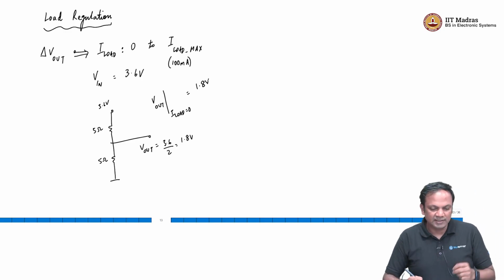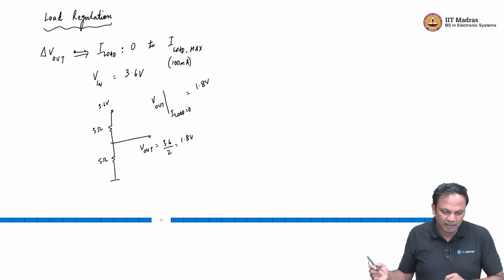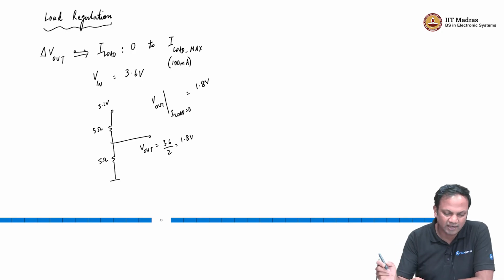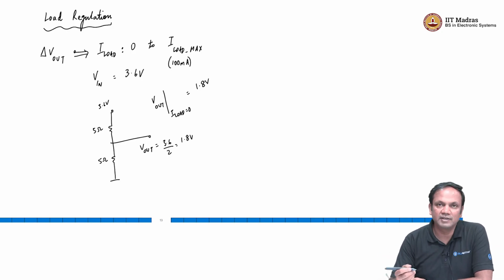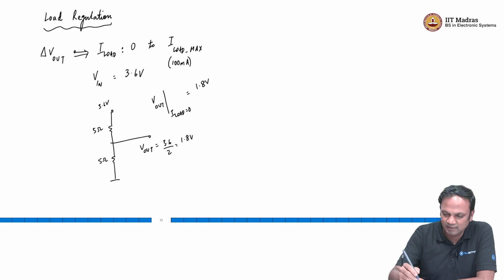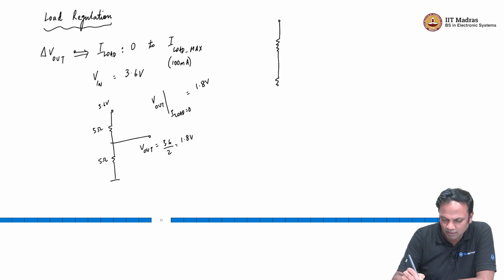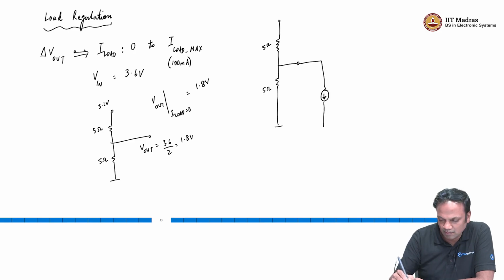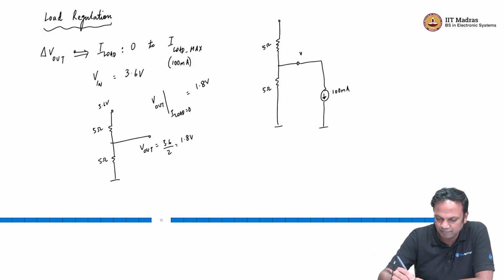That takes care of the first data point. The next thing we need to do is calculate V out when I load equal to I load max. So, we have again the same two 5 ohm resistors, and then we have a load current which is 100 milliamp.